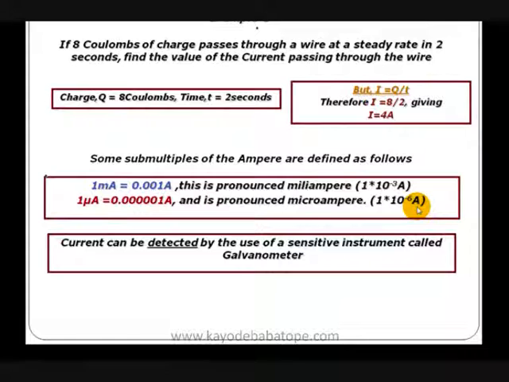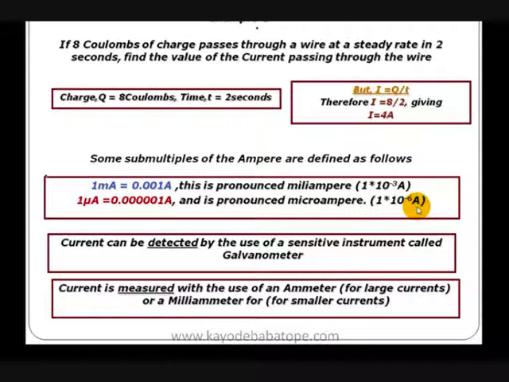Current can be detected by the use of a sensitive instrument called a galvanometer. Take note of that. A galvanometer is an electrical instrument used in the detection of the flow of current. Current is measured with the use of an ammeter for large current or a milliammeter for small current.